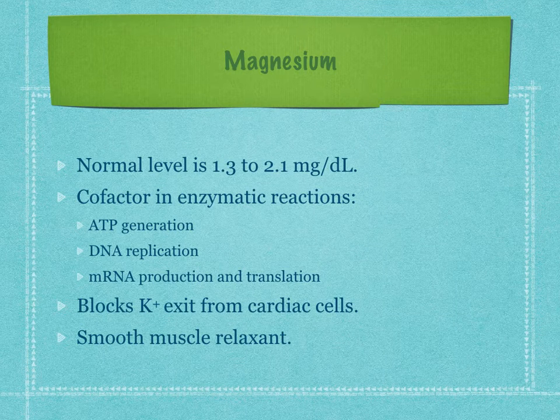And magnesium can be used as an anticonvulsant because it relaxes the smooth muscles. And so often when a woman is diagnosed with preeclampsia, she's started on magnesium IV infusions. It slows down the excitability of the cells as the potassium is exiting it. So it will slow down everything.